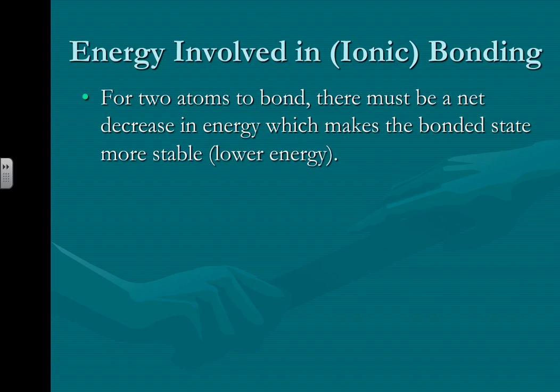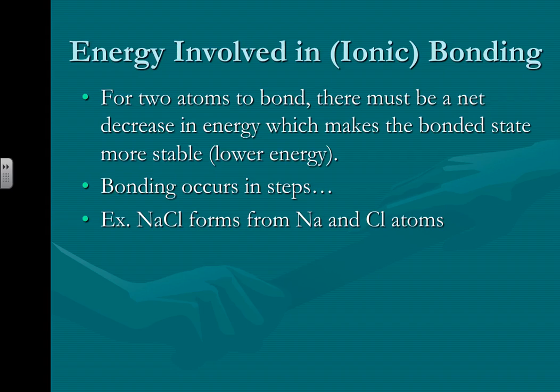So as we put together sodium and chlorine, we need to understand that the sodium and the chlorine apart would have a higher energy than when we put them together. And that's why they stay together as a stable compound, because it's a lower energy level. So if we're going to bond these two things together, it has to occur in steps. First off, if we want to form NaCl, we would have to have the sodium lose an electron.